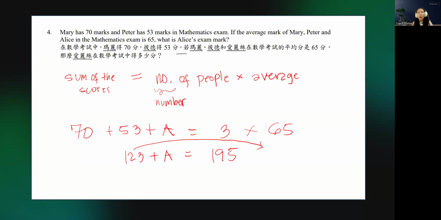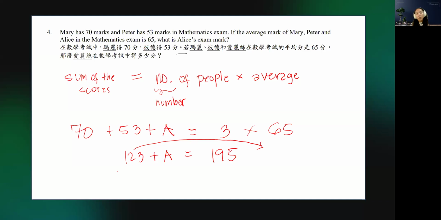The next step here is we can move 123 to the other side of the equal sign. If we're going to move something from one side to the other, we need to change the sign of that number. As you can see, there's no sign here, so it's understandable that it's positive.